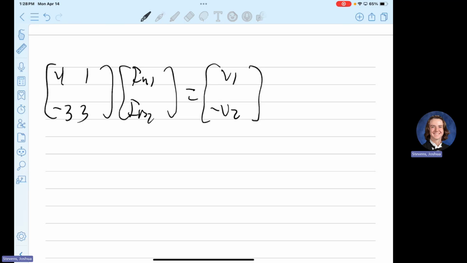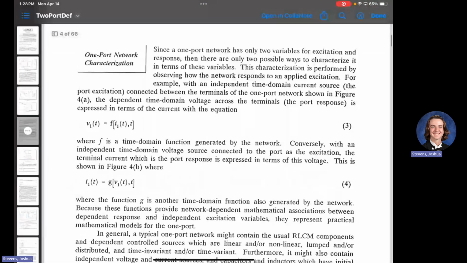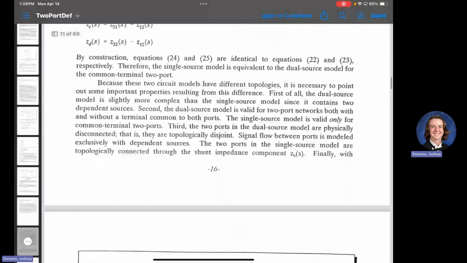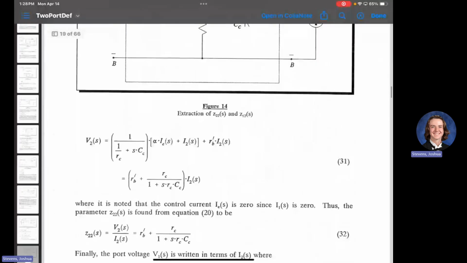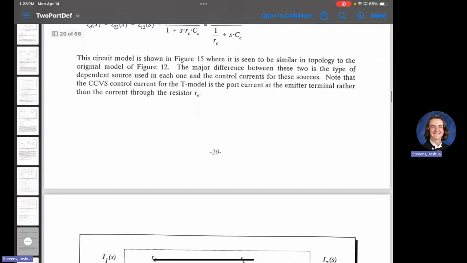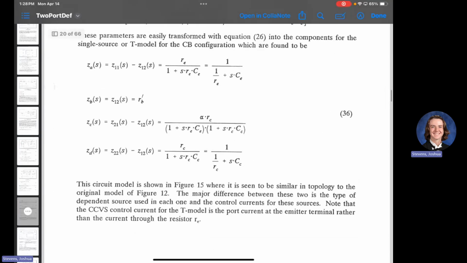Okay. Let's see if I can. Excuse me. We will be finding in admittance, as we just said. So as you see, there's some impedances and stuff like that.